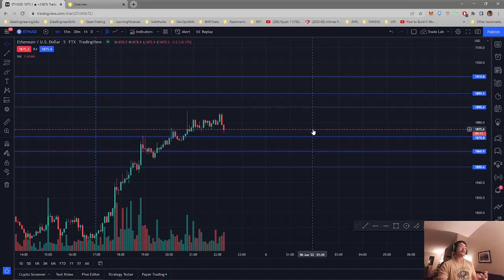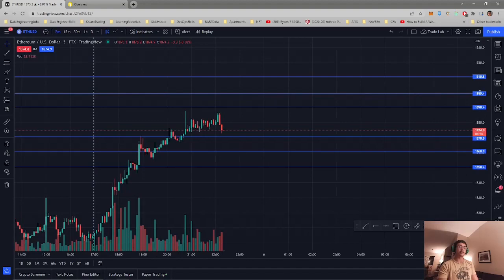The main thing to keep in mind is to figure out how many grid lines we're going to have and what would be the space between these grid lines. In this example, we have 10 ticks between each of our grid lines, and we have three grid lines above and below.